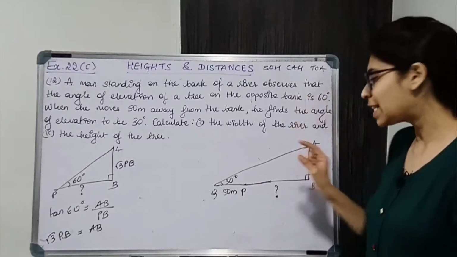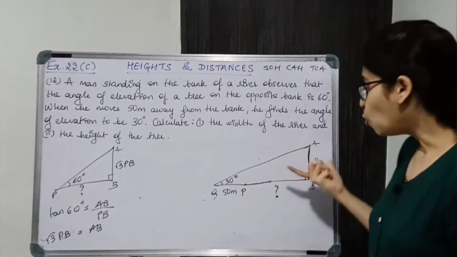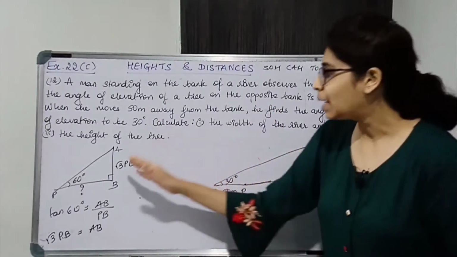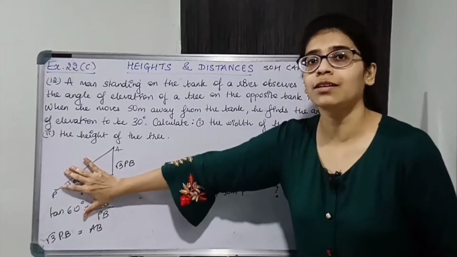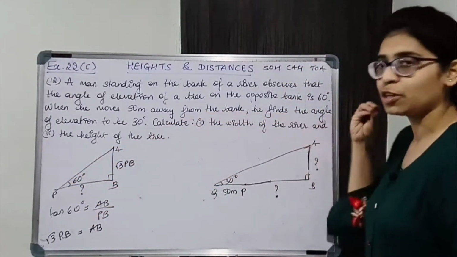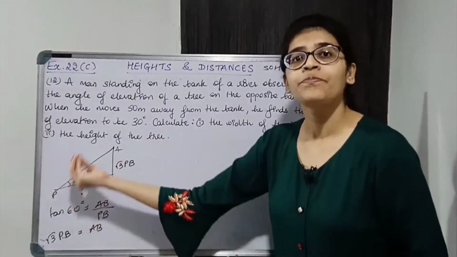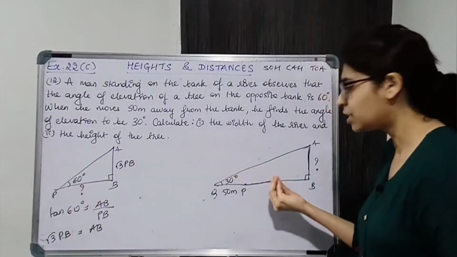Now if you notice, AB and PB both sides are there in this big triangle also. This is the reason we related AB and PB first in this smaller triangle. Now we will use that relation here. So first you don't consider the bigger triangle, first you consider the smaller triangle, find the relation, and then use it in the bigger triangle.